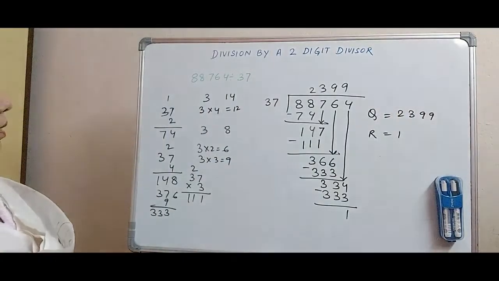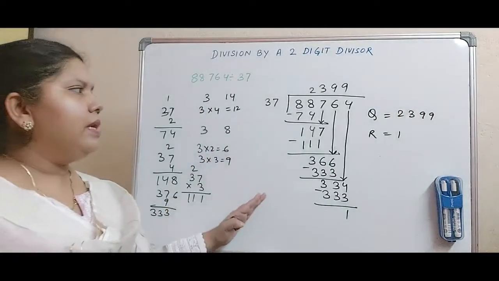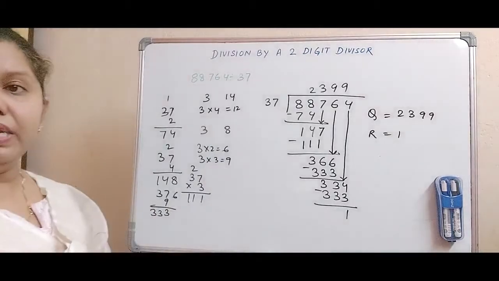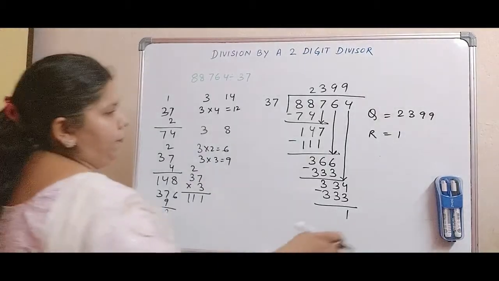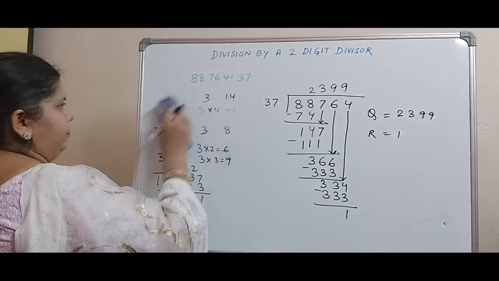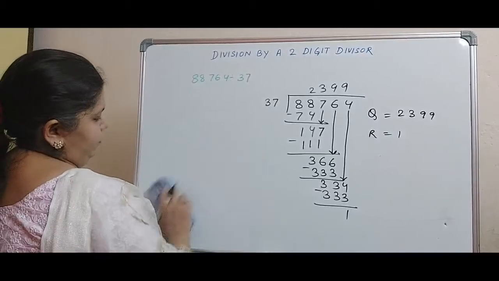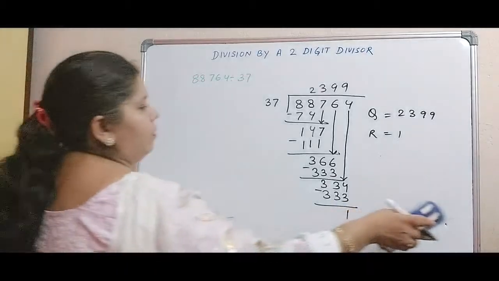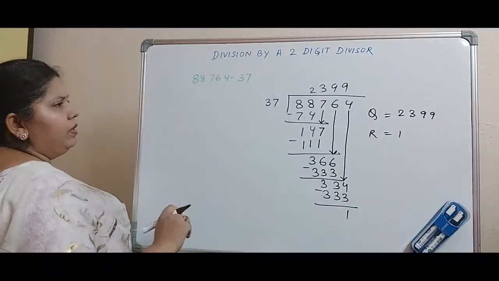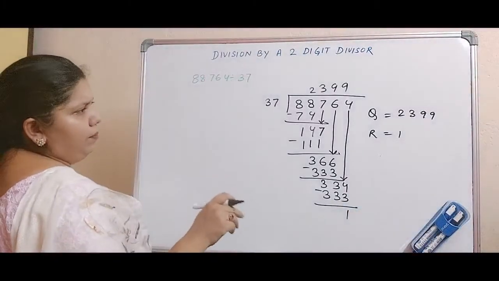Now, whether our answer is correct or not, we can check. How will we check? Multiply the quotient with the divisor and then add the remainder.